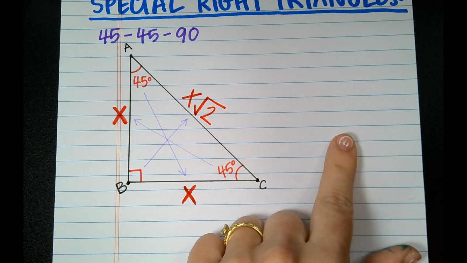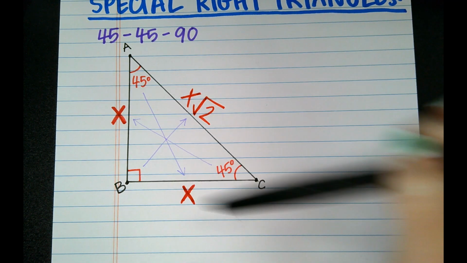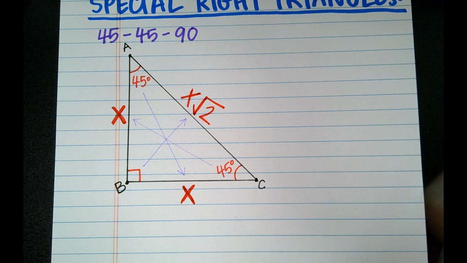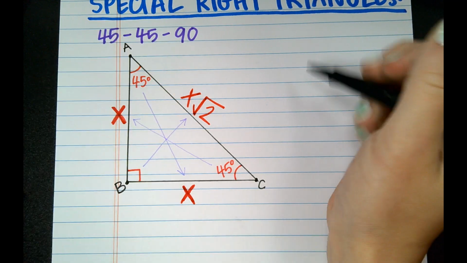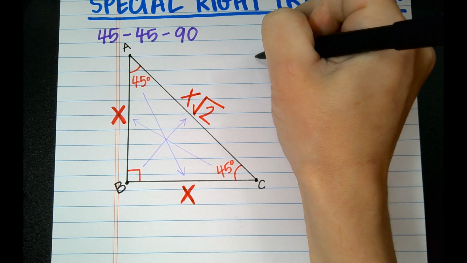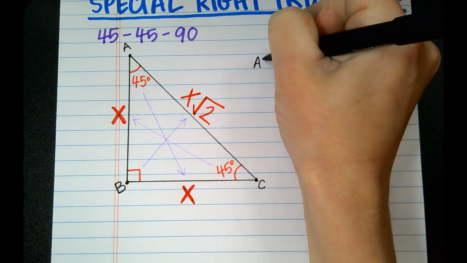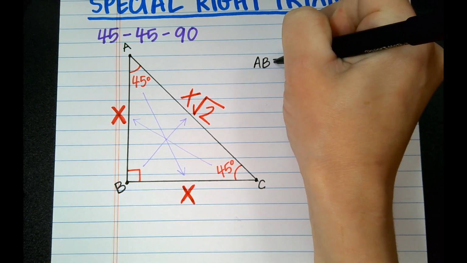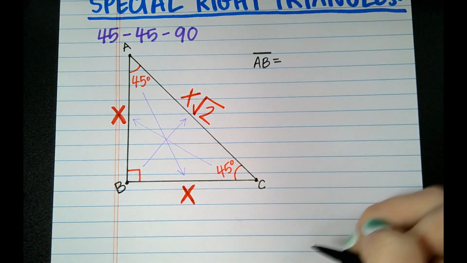And over to the side, I'm going to have us write out these line segment side lengths. All right. AB equals, put a line over it.